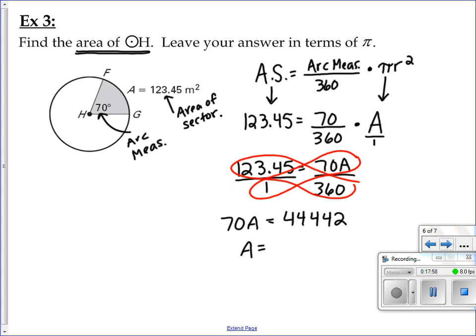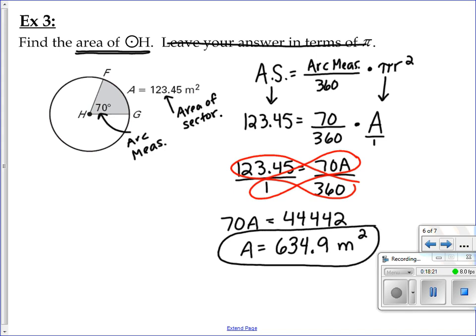It does say leave in terms of pi, but I'm going to change this. Let's just round it to the nearest 10. So this is going to be 634.9. And our units were meters squared. So that is the area of the circle, 634.9 meters squared.